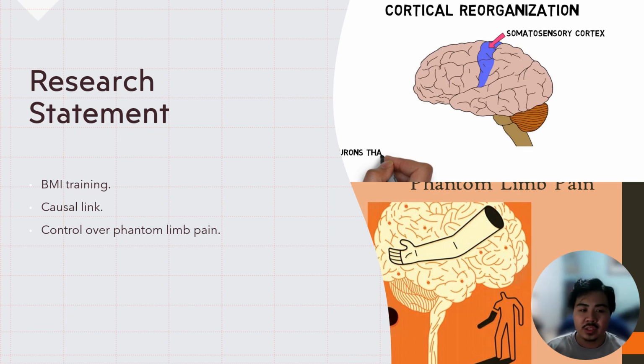This is a type of training to induce cortical plasticity and potentially alleviate the phantom limb pain that these individuals experience. Therefore, the authors seek to establish a causal link between phantom limb pain and cortical representation. And if the BMI training they do can induce cortical reorganization, it would be able to support the control over phantom limb pain.